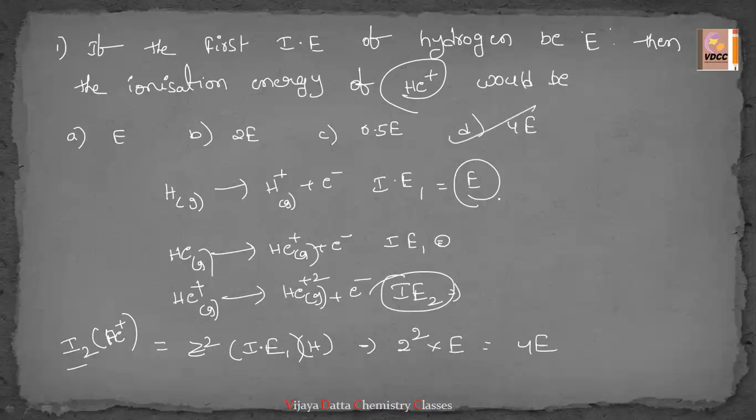Very simple. We should know the relation that IE2 of helium plus equals Z square into IE1. This topic we already discussed while discussing the ionization energies. Okay, then comes the next problem.